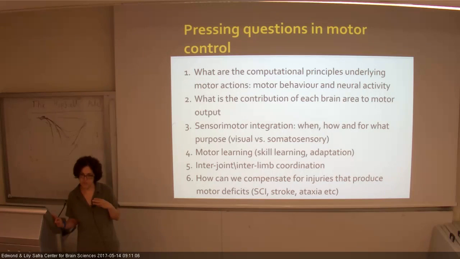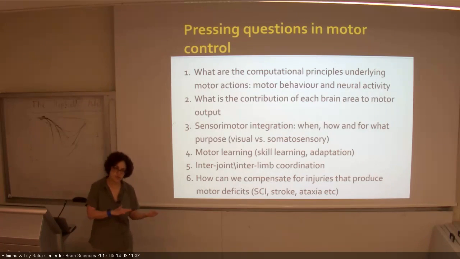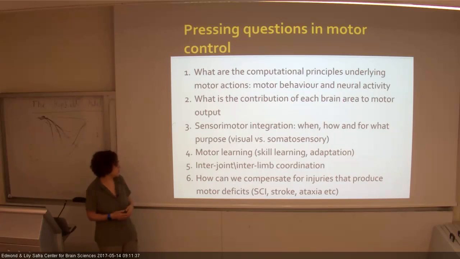However, at the same time, we know that when we move, there is a general suppression of incoming sensory information. So if we need the somatosensory information, why do we suppress it at movement? And not only do we suppress it, the motor cortex is responsible for this suppression. So what is this dual interaction between motor control and somatosensory information?